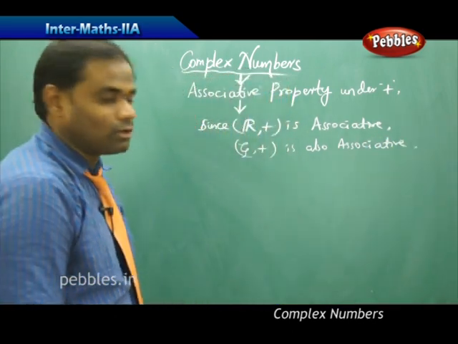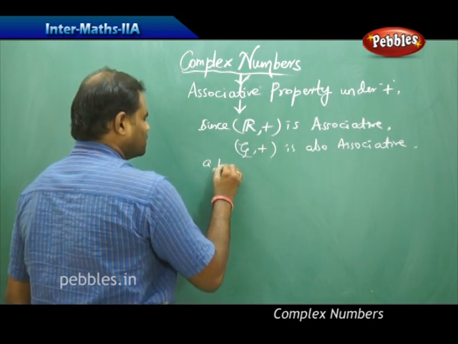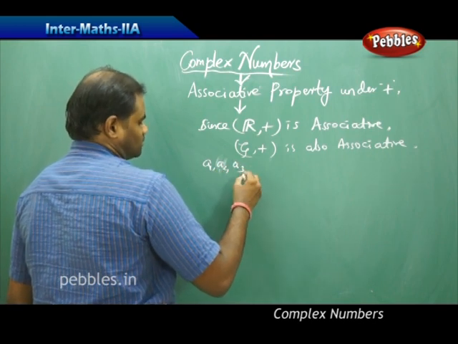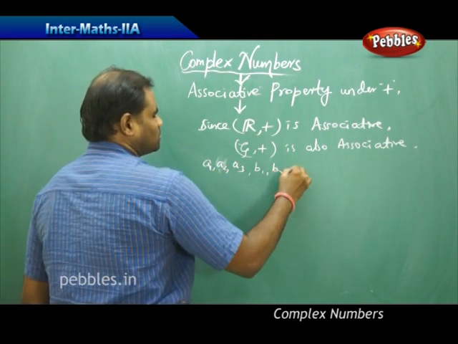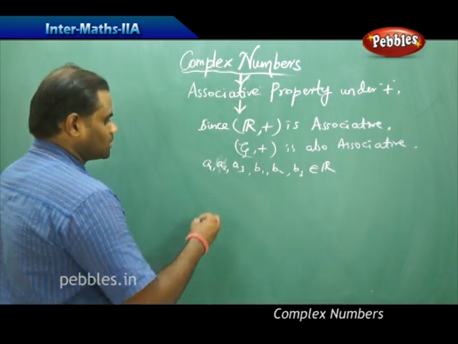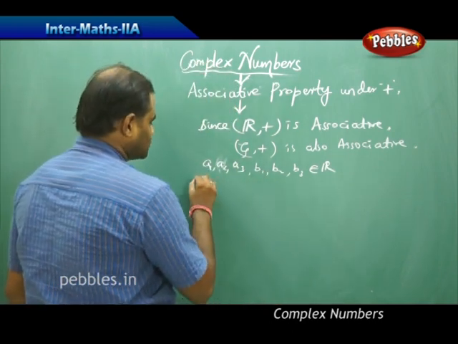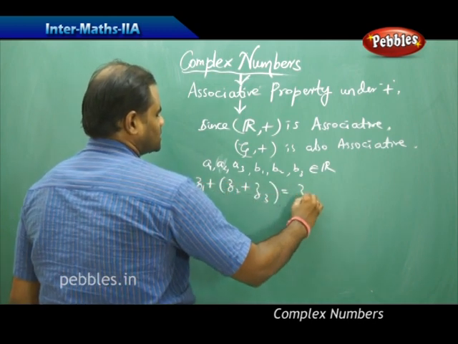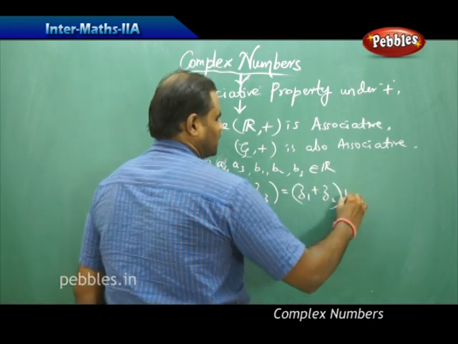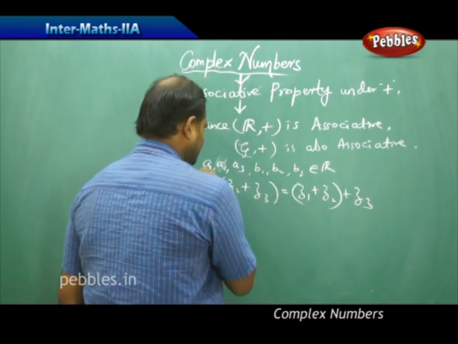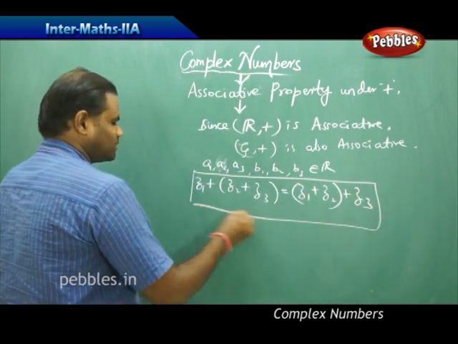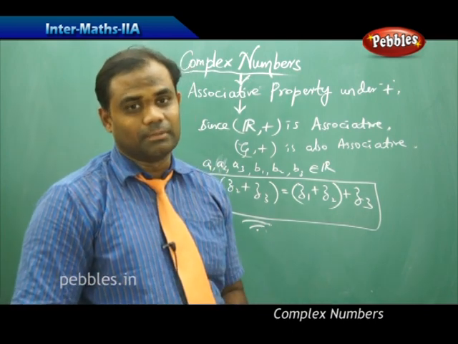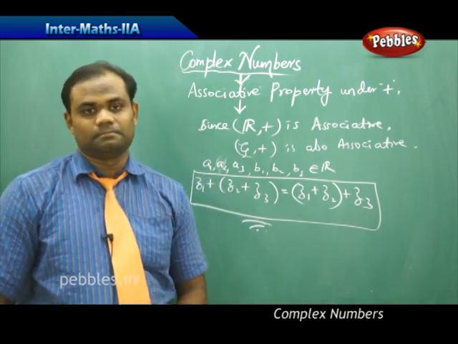So we need not do much, because when I take real numbers a1, a2, a3 and b1, b2, b3, with these three complex numbers z1, z2, z3, I clearly have (z1 plus z2) plus z3 equal to z1 plus (z2 plus z3) for all complex numbers z1, z2 and z3. The associative property holds very much in the case of complex numbers under addition.